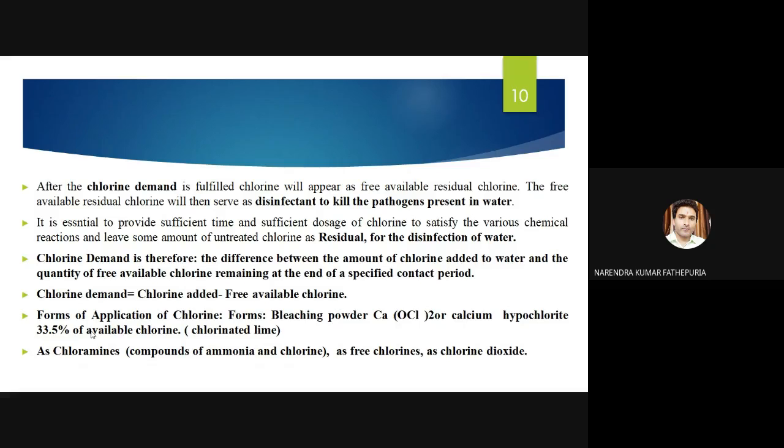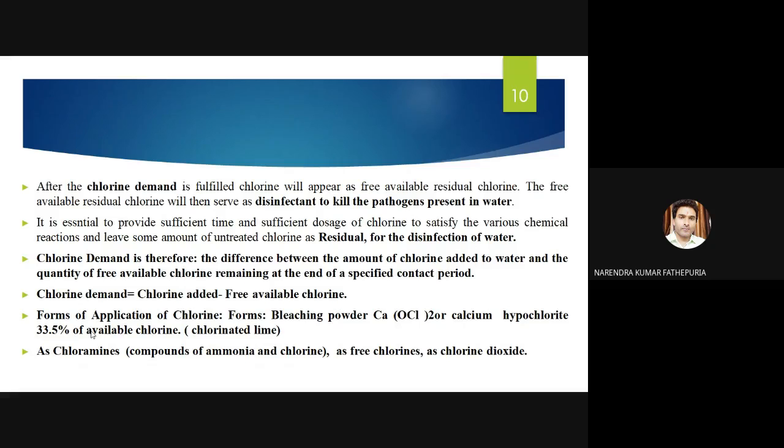If I go for chloramines, that is also a very effective compound of ammonia and chlorine that can also be used as a free chlorine compound. And then chlorine dioxide, you can take it from it. So these are the various forms available in the market.